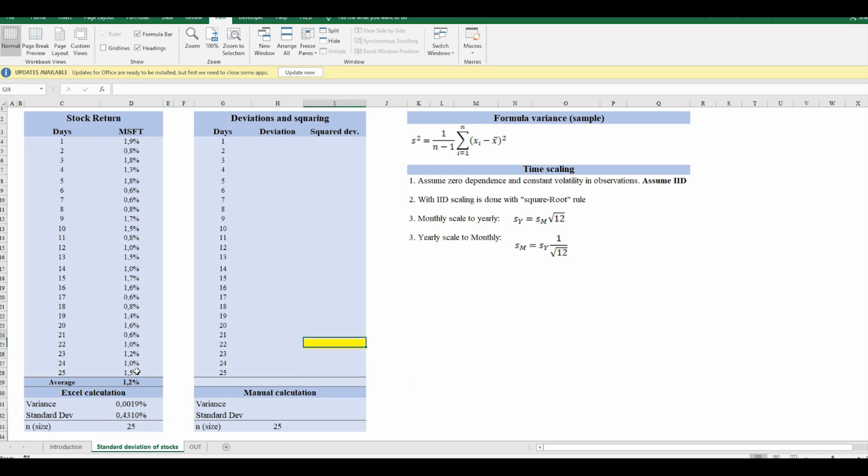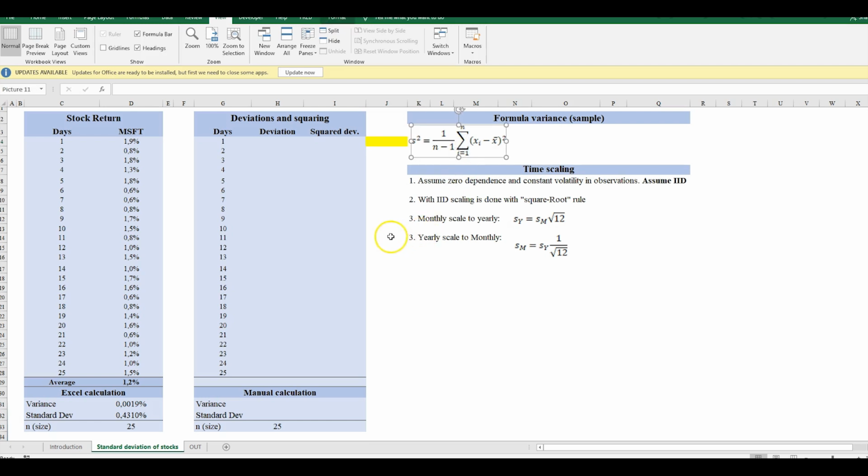Before I do the manual calculation, let's just recall how the actual formula looks like. And the formula I have presented here is the sample variance formula. Today I will not go in much detail or touch much upon the difference between the population variance and the sample variance.